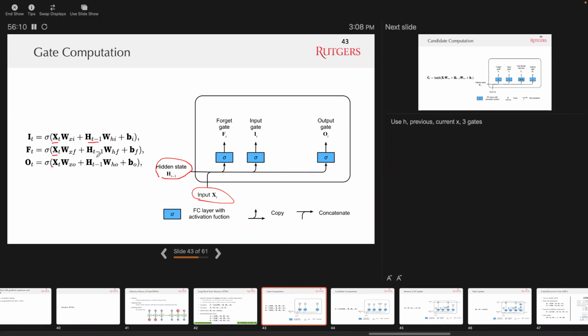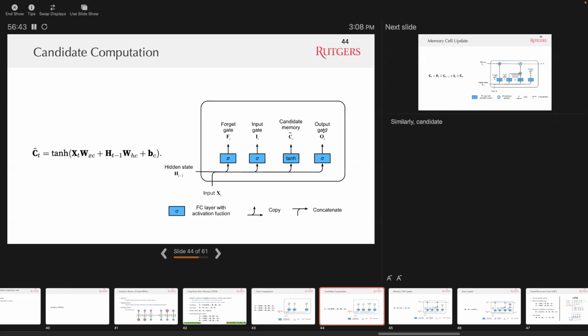You're going to need these as input, and you go through different parameters to compute your input gate. You go through a different set of parameters. Basically, it's a small network, a different small network to compute the forget gate, and you go through another set of parameters to compute the output gate. So this is the first step: compute the three gates.